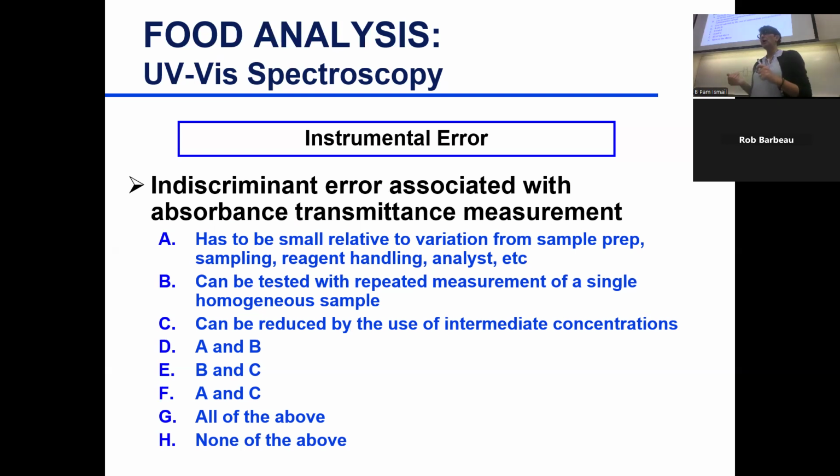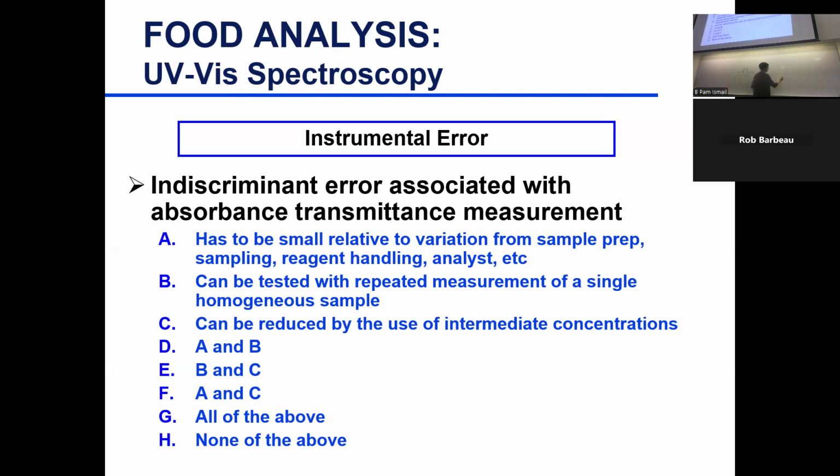Also, you try to correct for the noise to make sure you have absorbances higher than the noise. So you choose a concentration where your absorbance reading is, as I mentioned last time, between 0.2 and 0.8. So your absorbance is really higher than the noise.